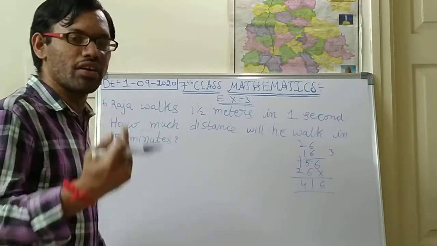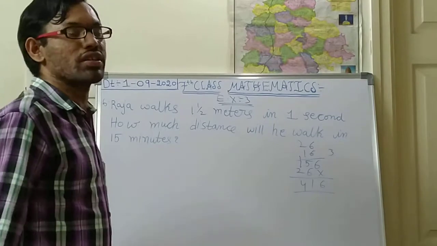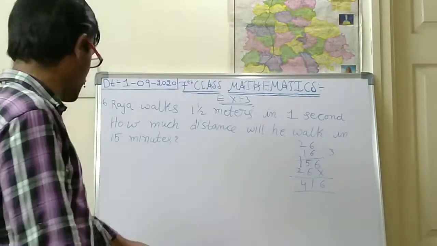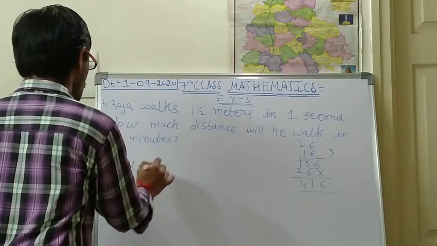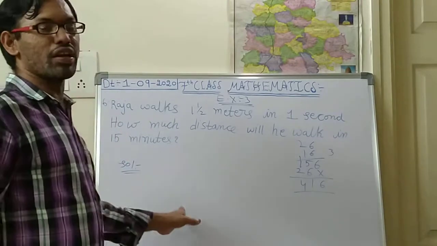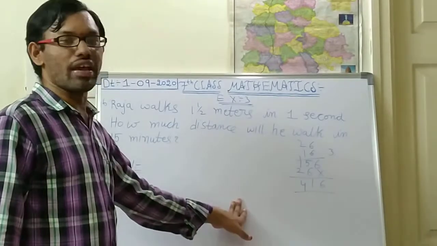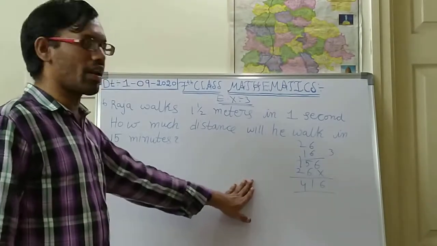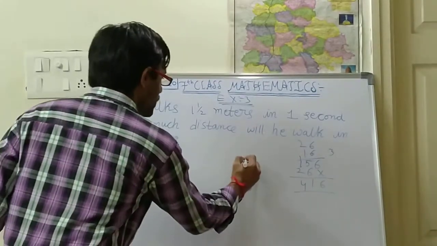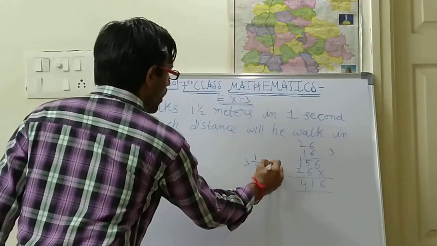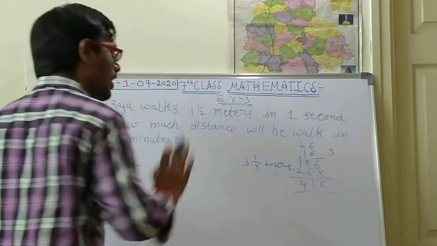How should you write the solution? First step: time spent by Raja for each day is 3 1/4 hours. First you write like that only.